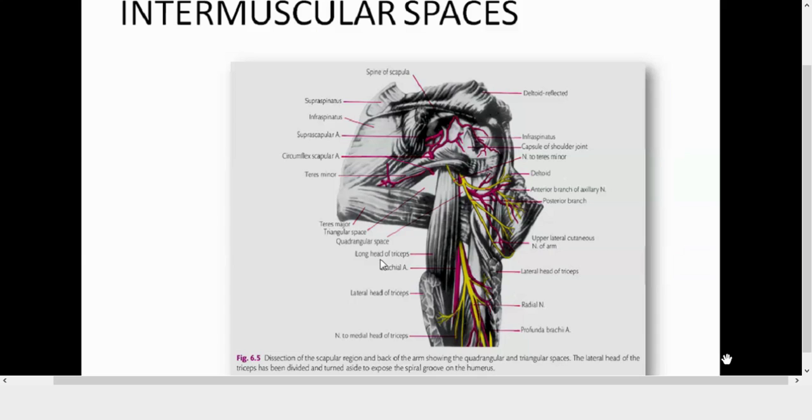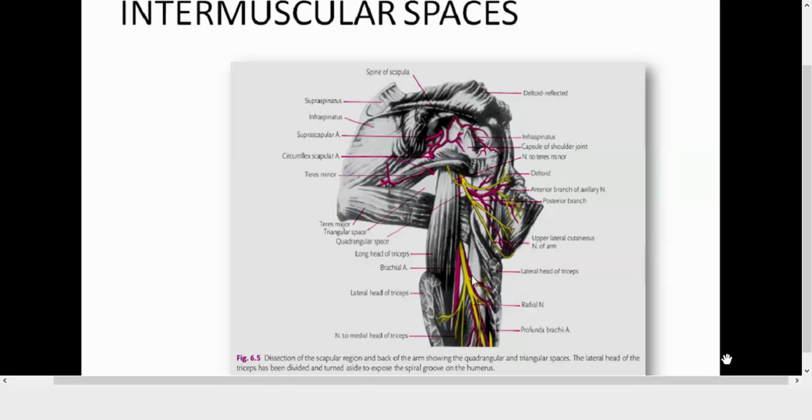This nerve is the radial nerve. It passes through the lower triangular space, coming from the anterior aspect and entering the posterior compartment of the arm, running in the radial groove over the humerus.